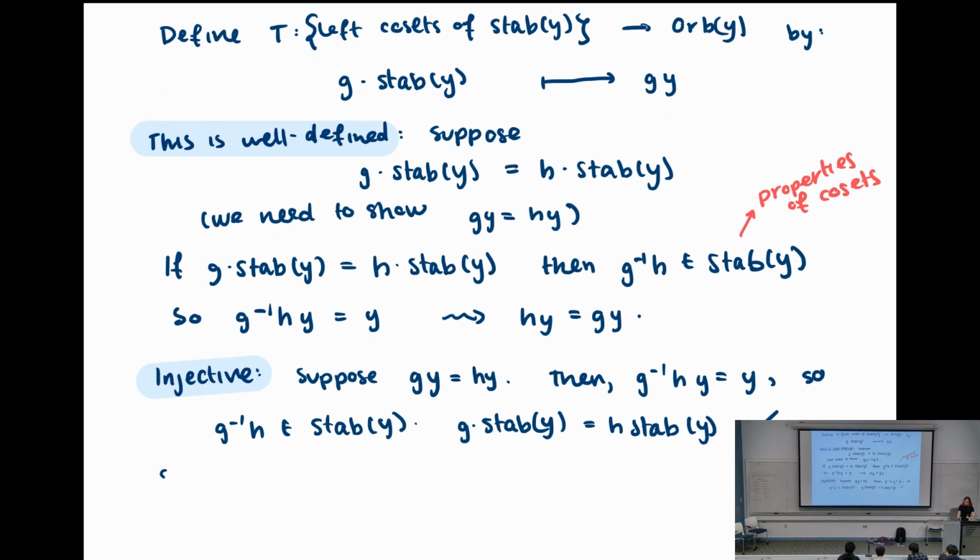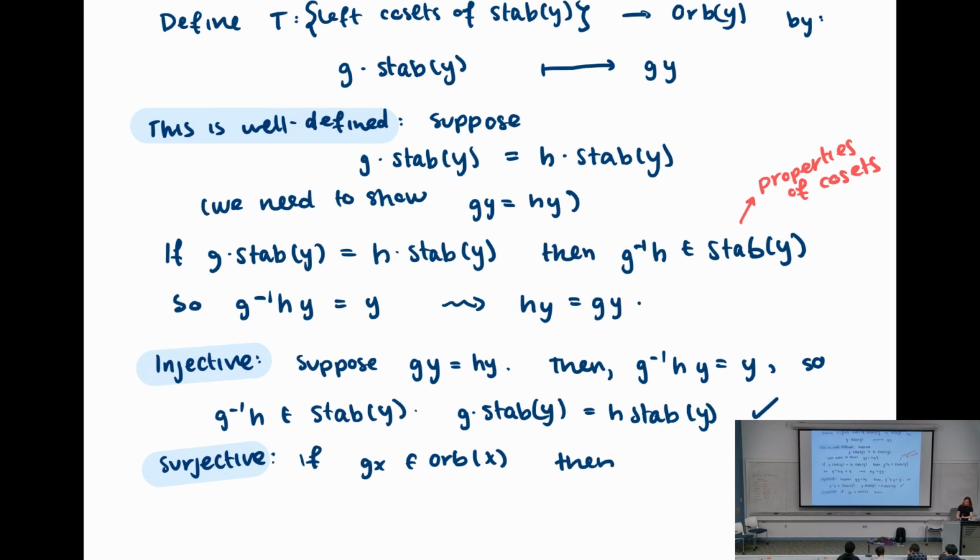Okay, and then for surjective, if gy is an element of the orbit of y, then if I apply my map to g times the stabilizer of y, that is going to be equal to gy.